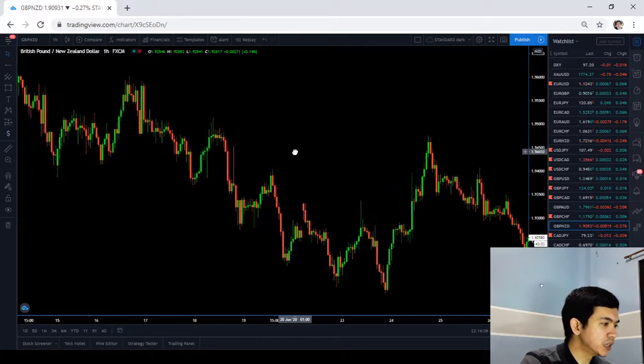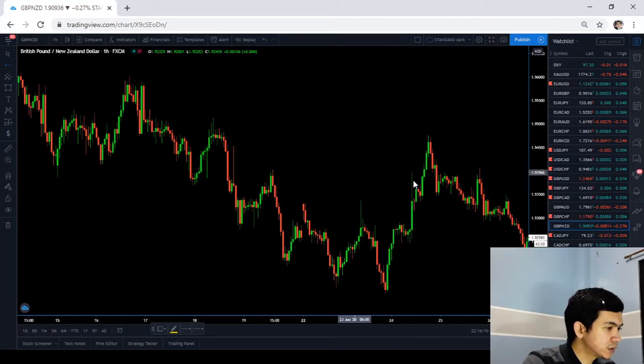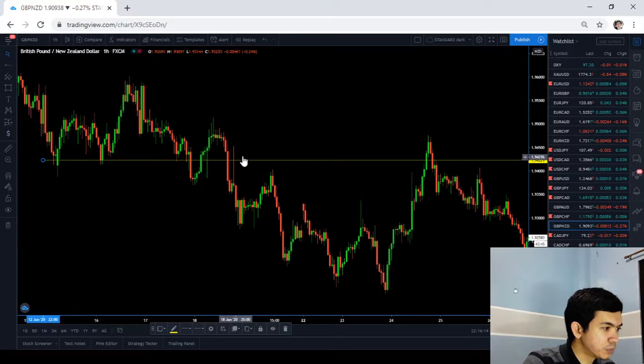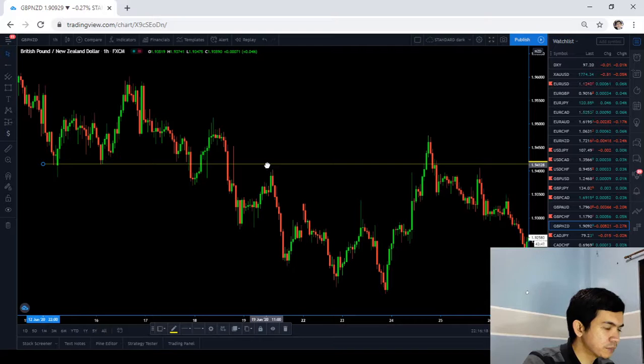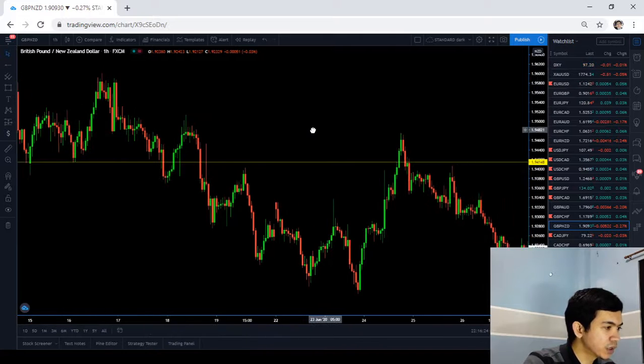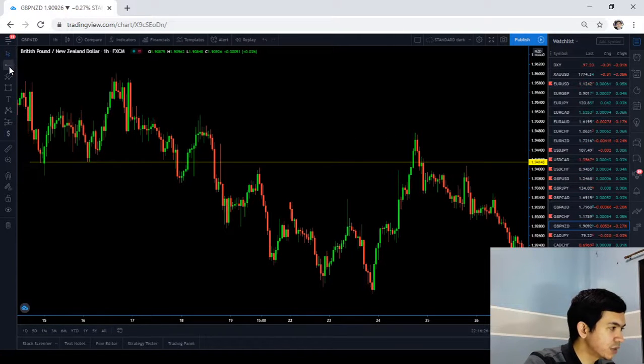So, as we can see here, I can mark my multiple key support or resistance levels. Bakit siya significant in the first place? Because yung price nag-react sa kanya multiple times, at least 2 or more, okay? So, I will just mark my horizontal levels and we should look for opportunities out of that, okay?